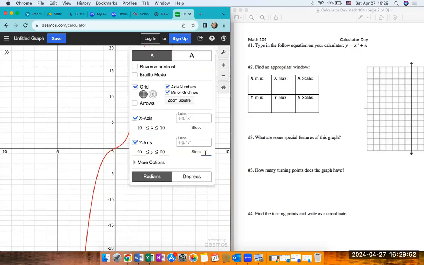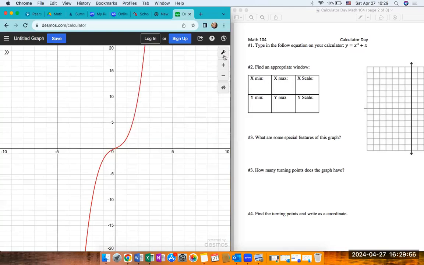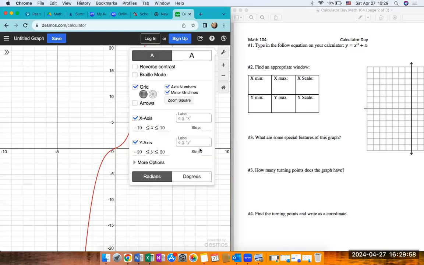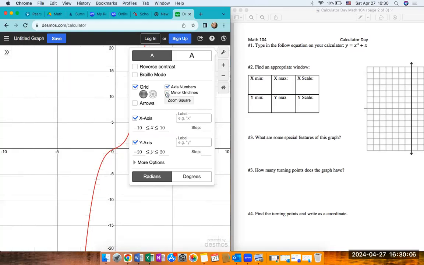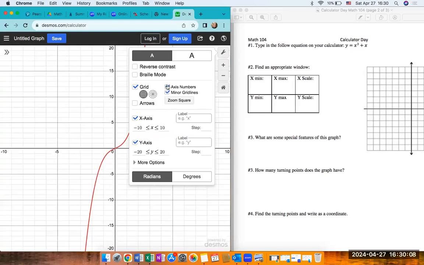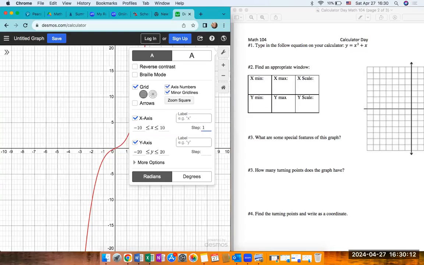Let's say we wanted to play around with your x and your y scale. Right now they are both going up by ones. It is where it normally is. Let's say your scale is going up by 1.